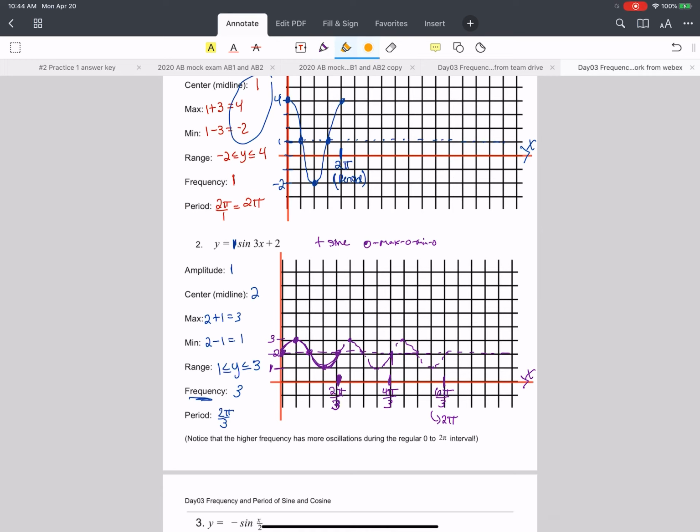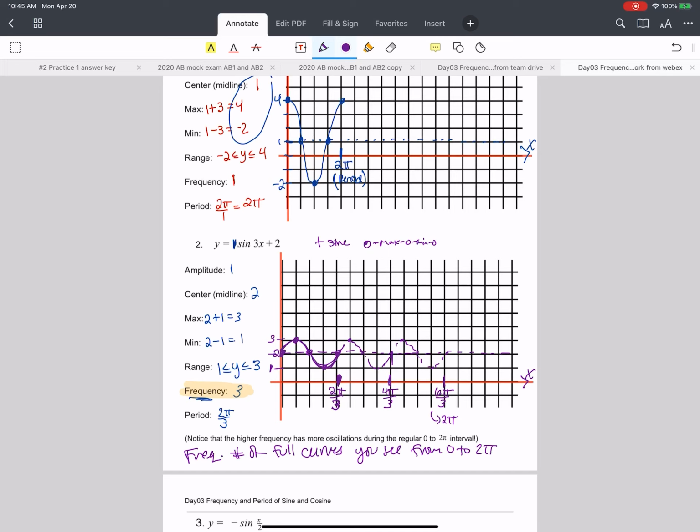In this one, the frequency is 3. Frequency is how many curves I will see from 0 to 2 pi. So frequency is the number of full curves you see from 0 to 2 pi.